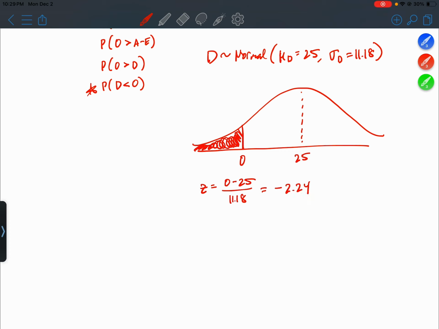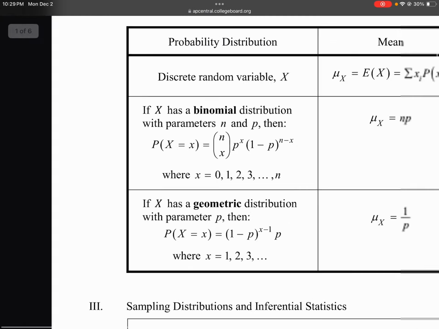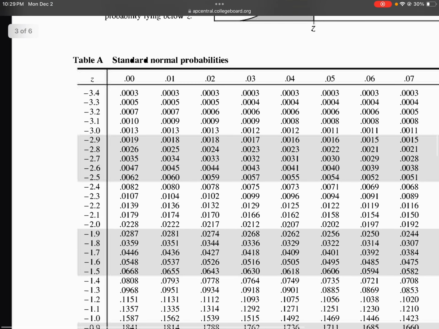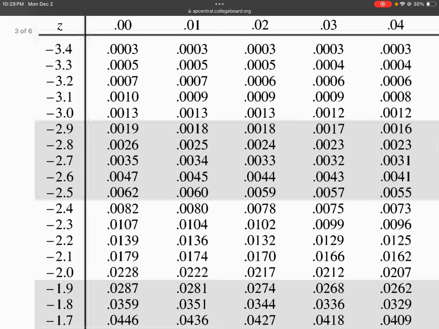Then I can go to Table A and get the area. Negative 2.24 is 0.0125.